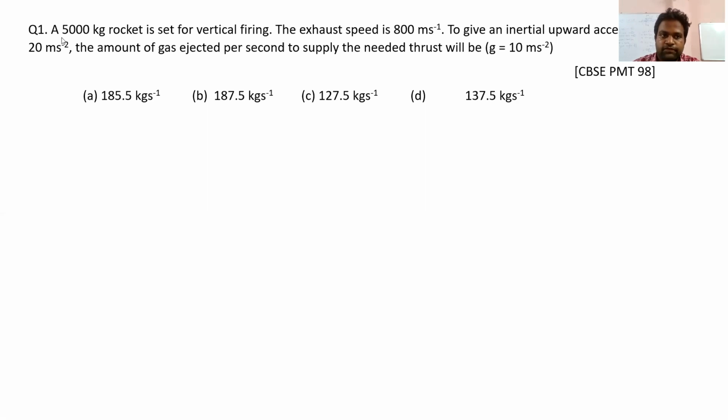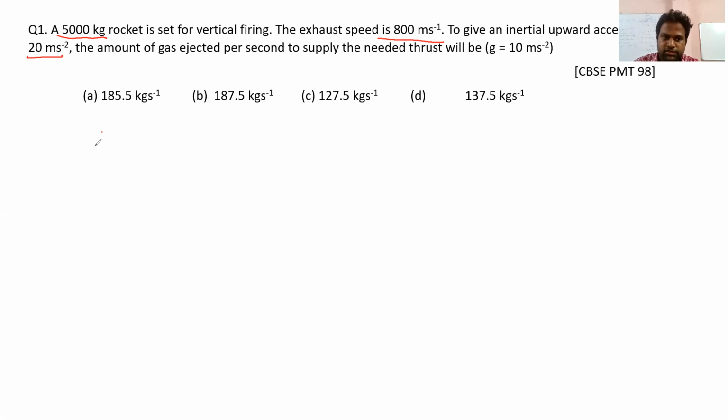So the question is, a 5,000 kg rocket is set for vertical firing. The exhaust speed is 800 meters per second to give an inertial upward acceleration of 20 meters per second squared.